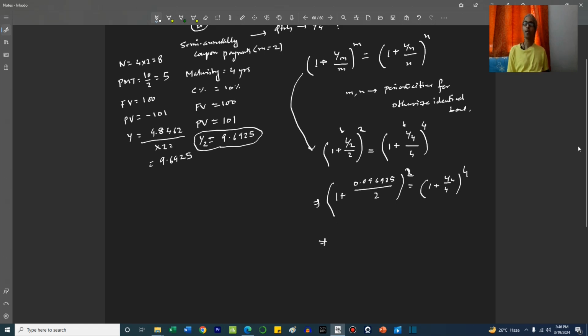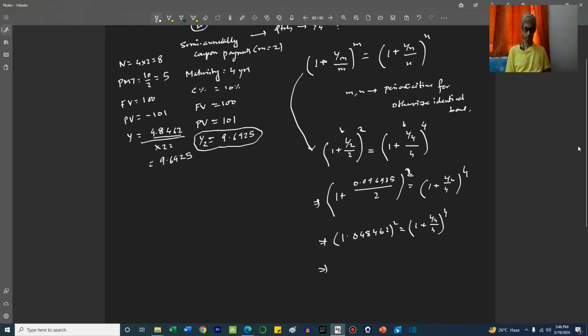This basically means this periodic value. So we just use this: 1.048462 squared is equal to (1 + y4/4)^4.